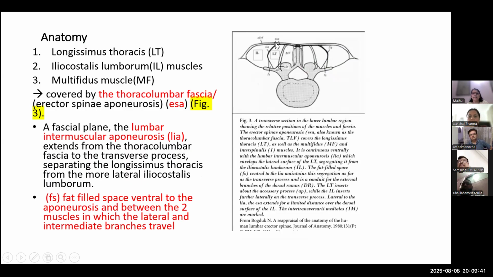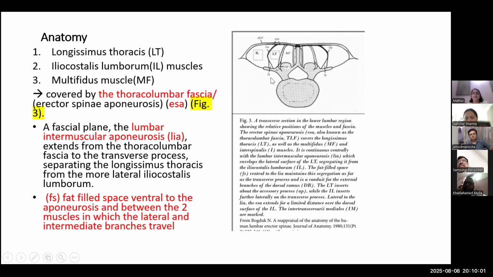A fascial plate, that is this one, the lumbar intermuscular aponeurosis, the LIA. This extends from the thoracolumbar fascia to the transverse process, separating the longissimus thoracis from the more lateral iliocostalis lumborum.